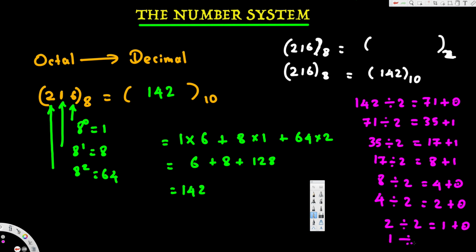Then 1 divided by 2 gives us 0, and the remainder is 1.